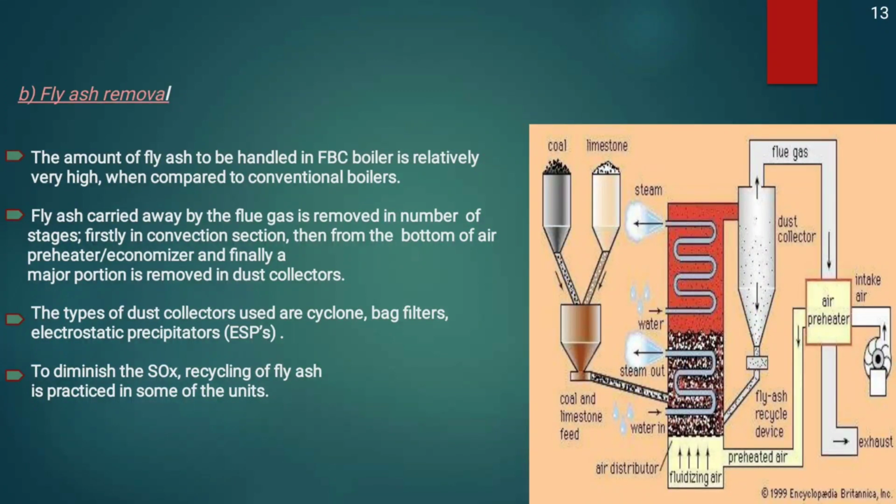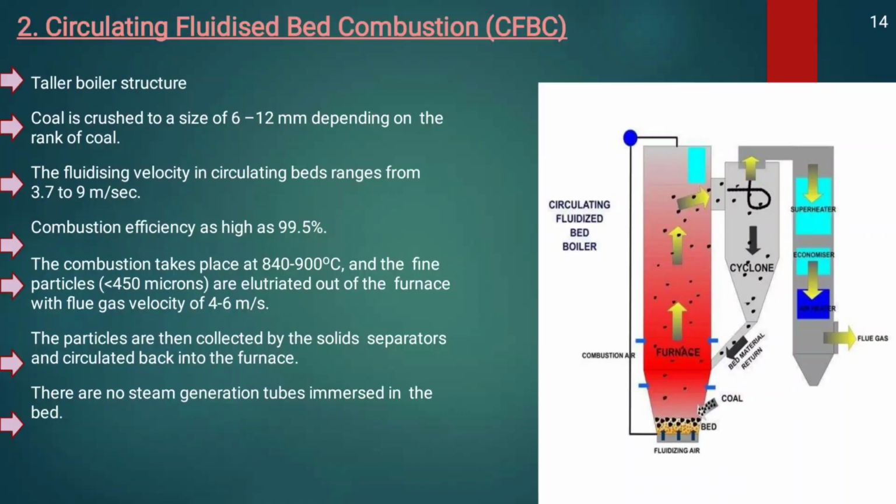The types of dust collector used are cyclone, bag filter, and electrostatic precipitator. For the reduction of sulfur dioxide, recycling of fly ash is practiced in some of the units.